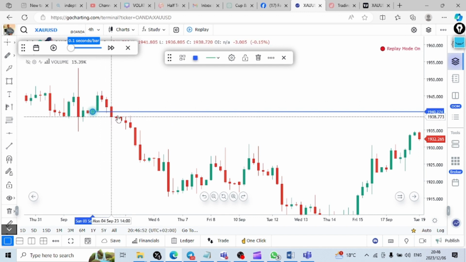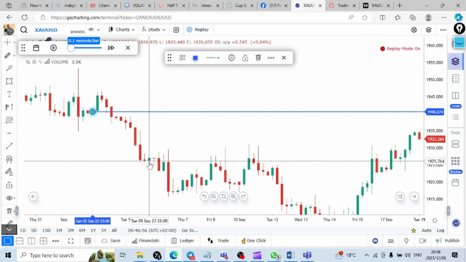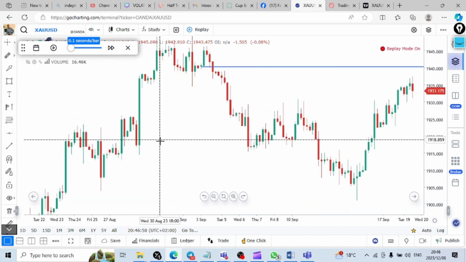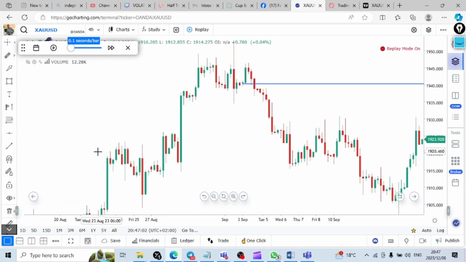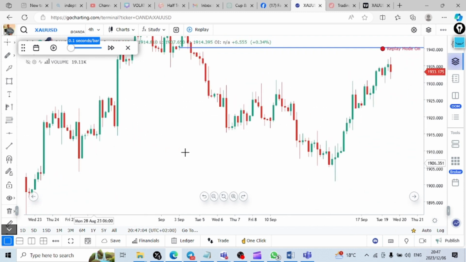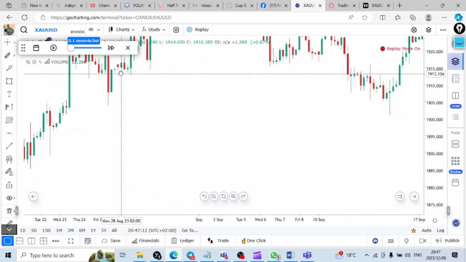So this candle validates this order block, and we have a big movement, a big shift as the price was moving down. And if you look closely, we also have a change of character. The price was bullish, and now the price was able to close below this particular level.